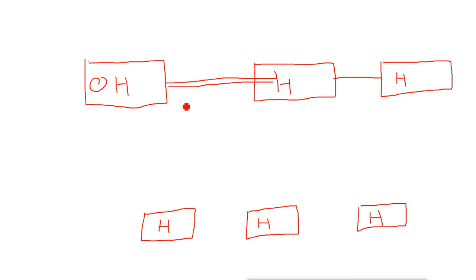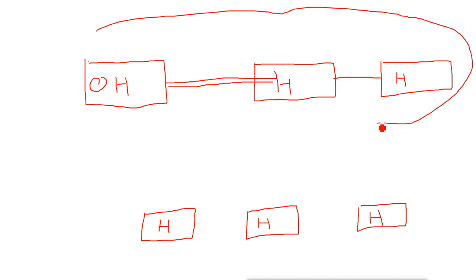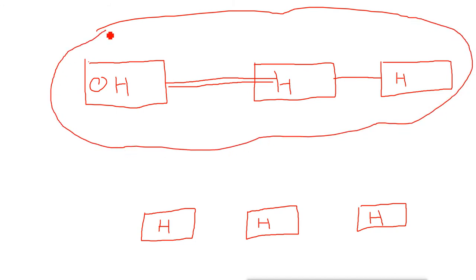So if we have 3 hubs, or multiple hubs, 4, 10, 20, whatever, they will be called a single collision domain. Whether we have a single hub or multiple hubs, if they are connected, we call them a single collision domain, because when a collision happens, all these devices will be affected. Likewise, if they are connected together, whatever any machine sends is broadcast, so the broadcast will reach everyone.